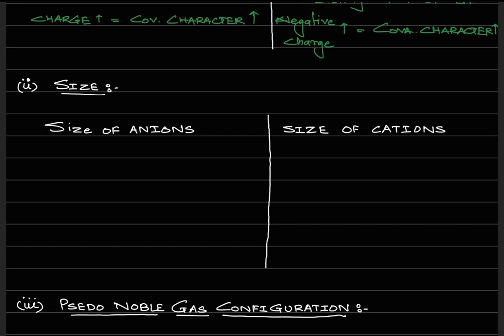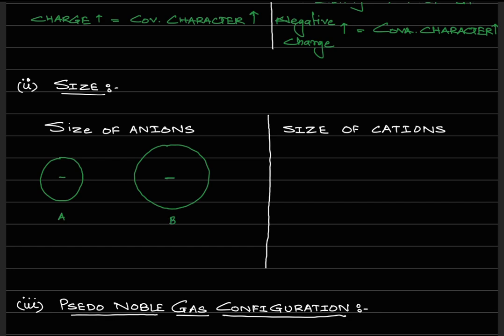Now let's move towards the next important factor, that is the size of anions. If we talk about size of anions, obviously we need to talk about size of cations also. So let's talk first about size of anion. Understand, my dear students, if you have two anions, let's say the first anion is A and the second anion is B, both having negative charges.